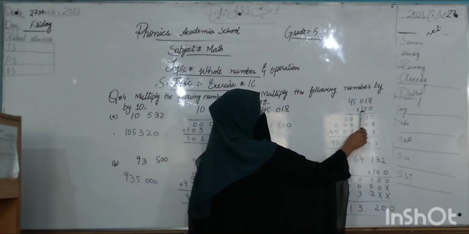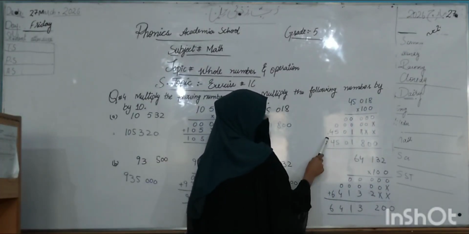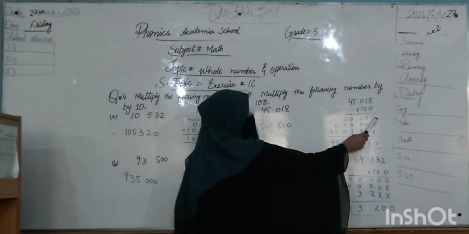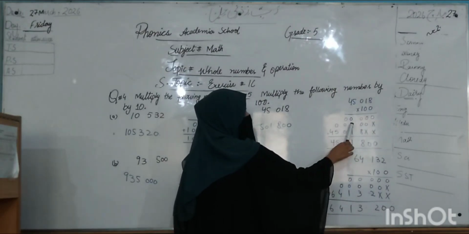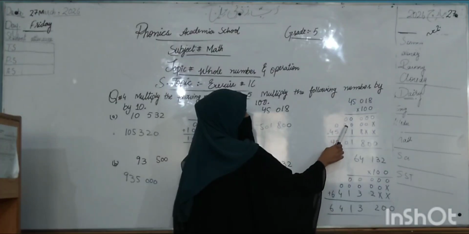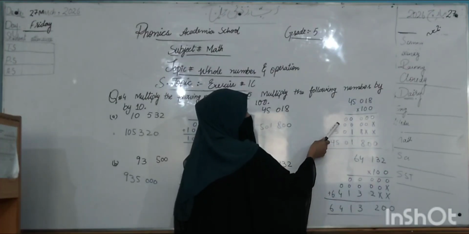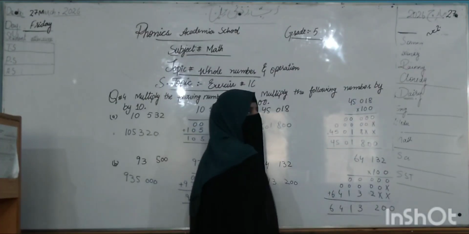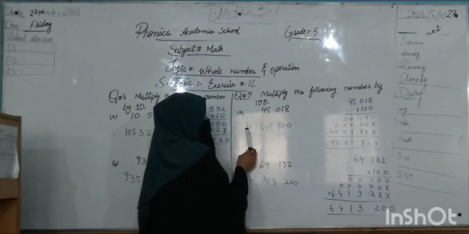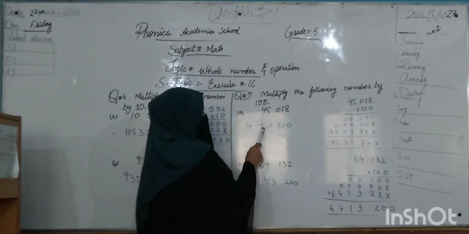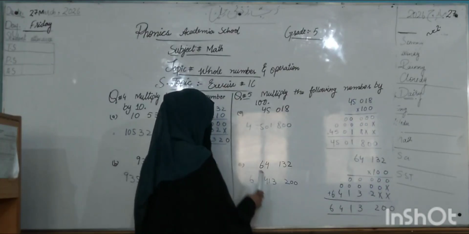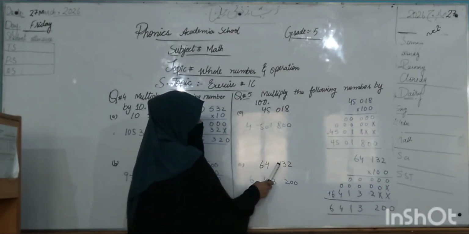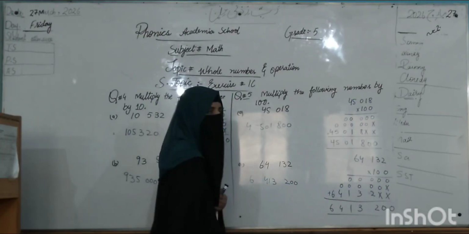After the three multiplications, you add all these values. 0, 0, 0 plus 8 is 8, 0 plus 1 is equal to 1, 0 plus 0 plus 0 is equal to 0, 0 plus 5 is equal to 5, and 4 is equal to 4. So the value is 4,501,800. Okay. So the last question of your topic is 64,132 multiplied by 100.